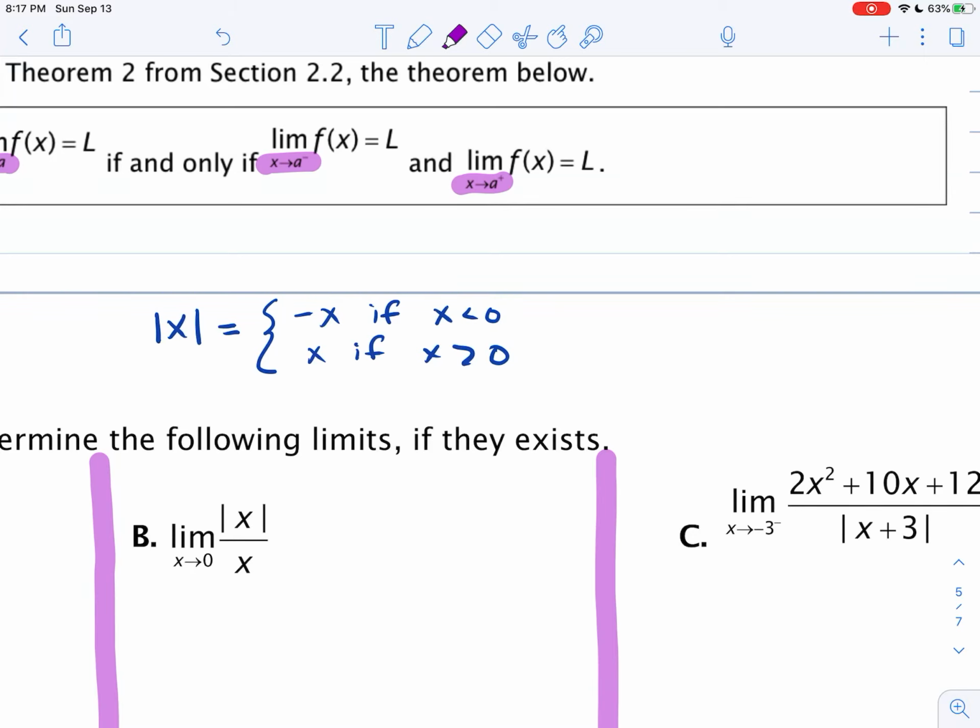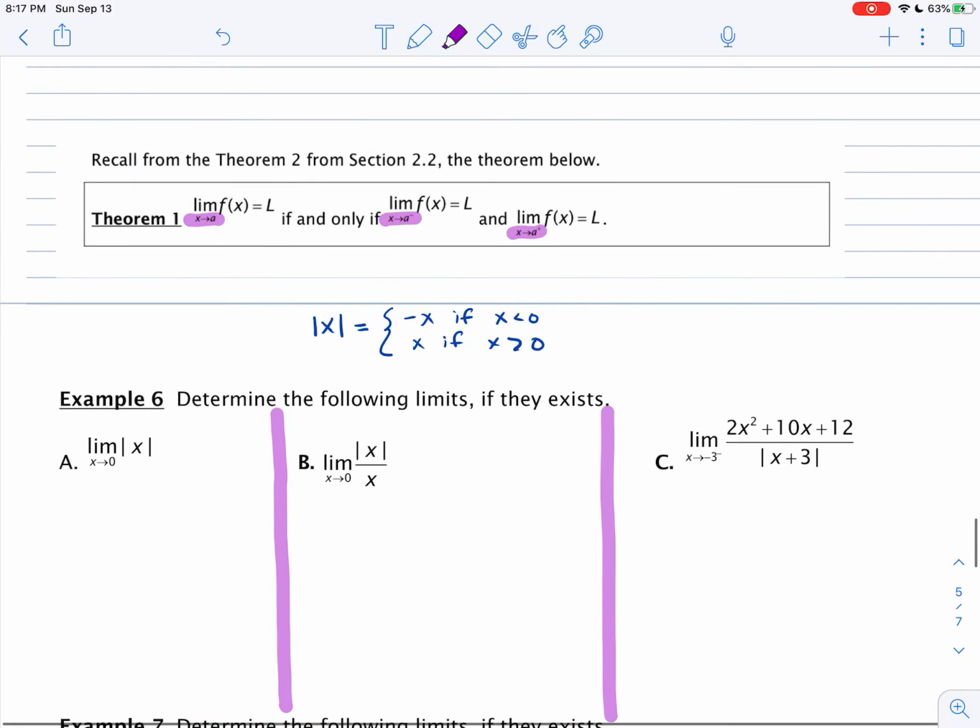The two-sided limit will not exist unless the limit from the left equals the limit from the right. Good? So let's use that concept to try to find some two-sided limits, also involving absolute values.